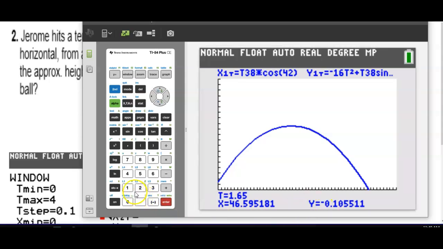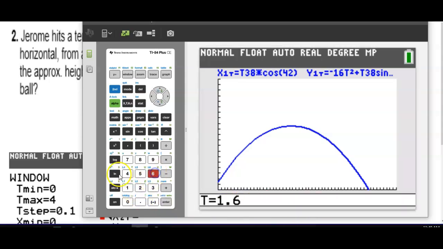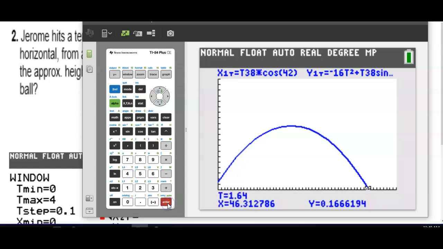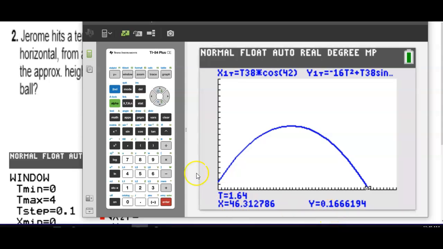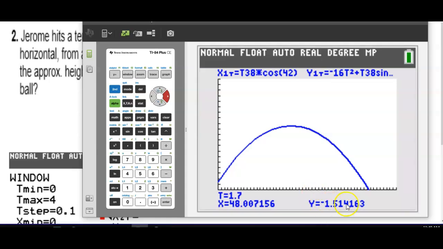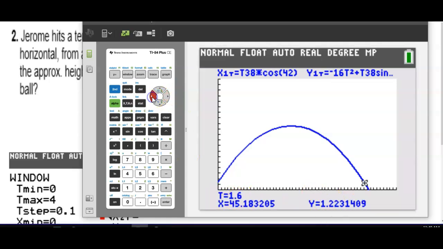That's pretty close to 0. 1.64. I'm just being all fancy. Either answer is fine. So somewhere in there, it's close to 0, and it's about 46 feet away. If I traced around here, it was 45 feet. When it's underneath the ground here, it's 48 feet, which means it would have hit the ground somewhere in there.